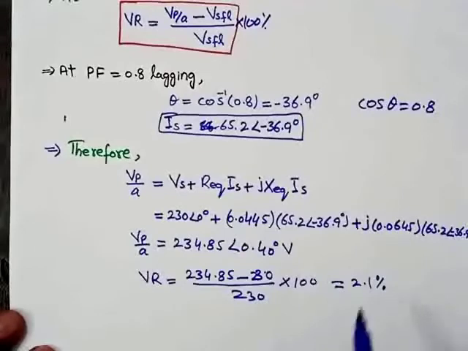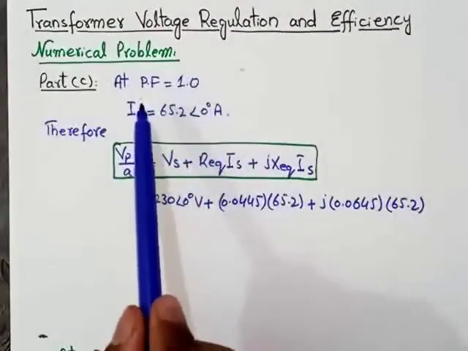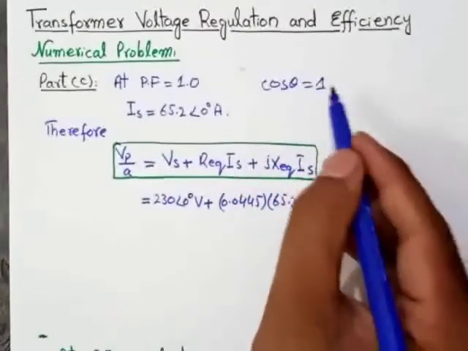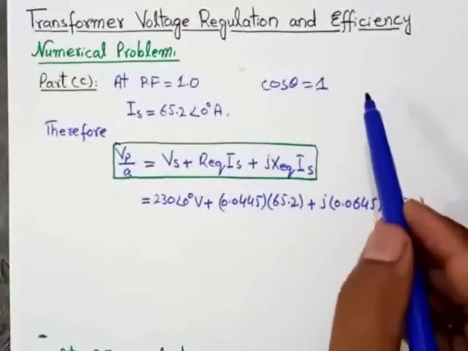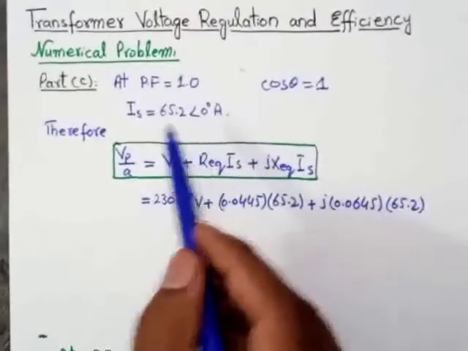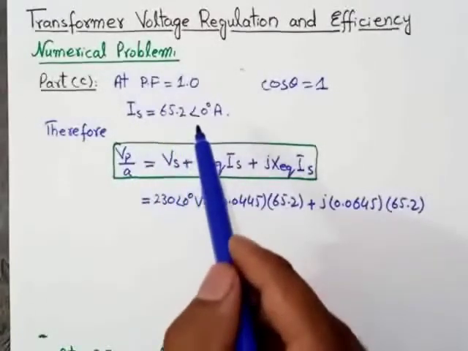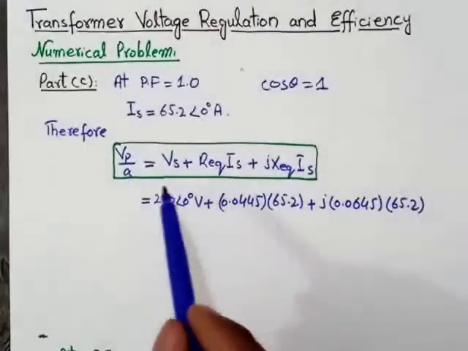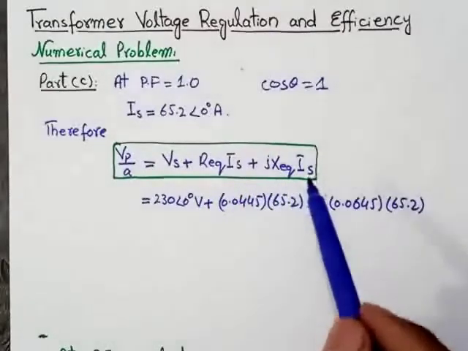Now we will find the voltage regulation at unity power factor. As we know, in case of unity power factor, cos theta is equal to 1. The value of theta will be 0 degree, that is theta is equal to cos inverse 1, the answer is 0 degree. Therefore, the secondary current will be equal to 65.2 angle of 0 degree. Similarly, as we know, Vp over A is equal to Vs plus R equivalent Is plus jX equivalent Is.